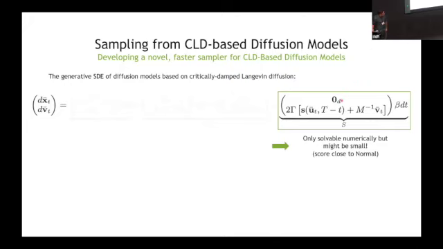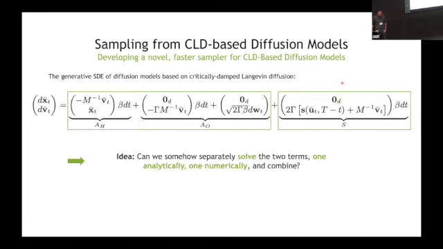But we have already motivated that this S might be closer to the score of a normal distribution, compared to standard diffusion models, which would just be minus inverse M times velocity, precisely what we add here. So this whole term might not be gigantically large, and it is only solvable numerically. Can we somehow separate out these terms, solve one analytically, the other numerically, combine them and get a really accurate, efficient solver?